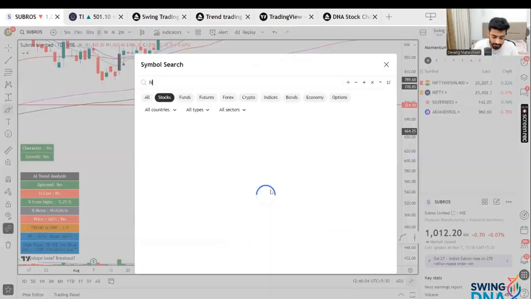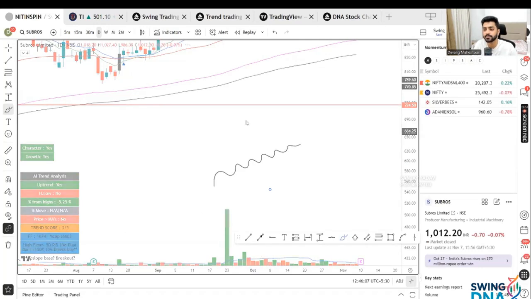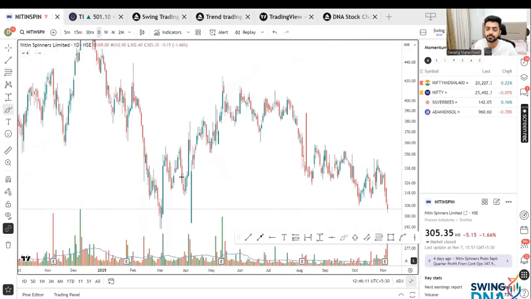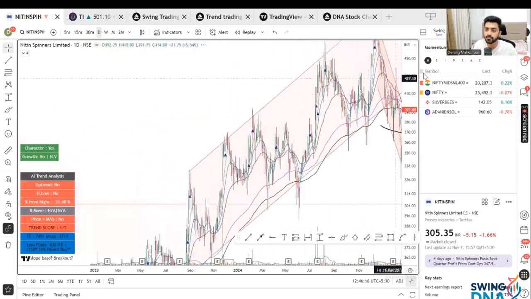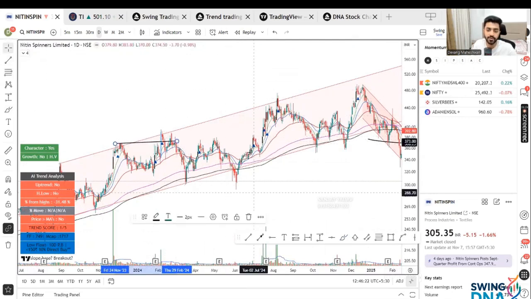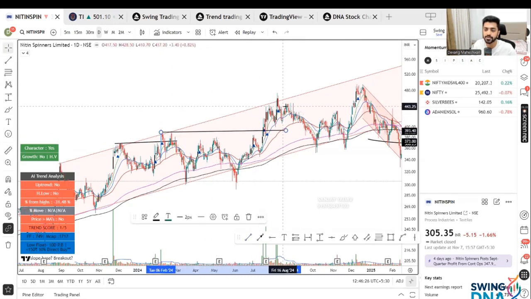Let me see some example. Nathan Spinner. Now this is a big slope. See this one again. It gave a breakout up here one day, went back fully. Here it moved from this.